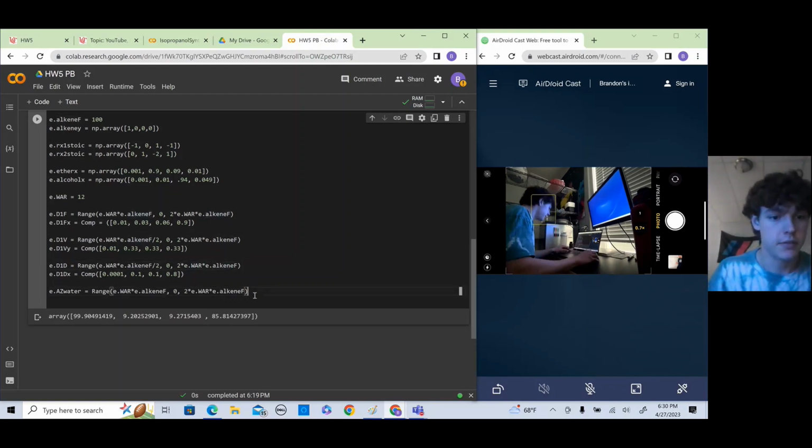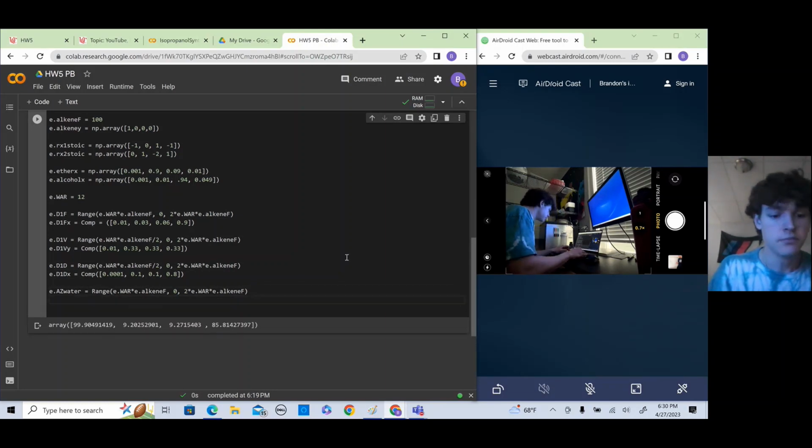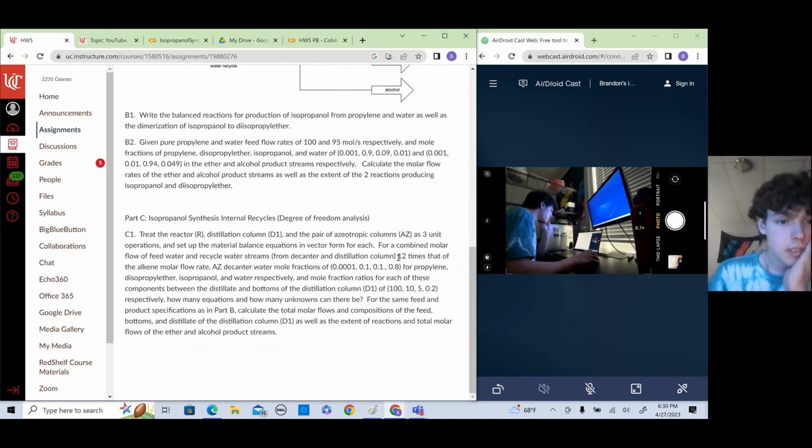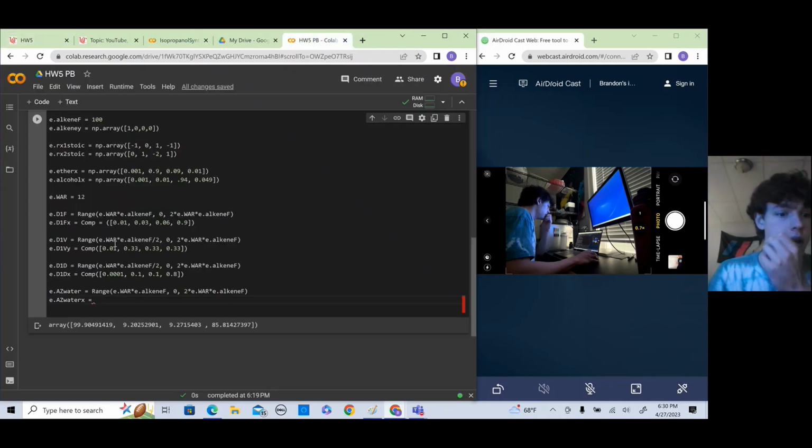That needs to be divided by 2. Our E dot AZ water X, this one, I believe, is the one that we're supposed to define here. So our AZ decanter mole fraction of this one will not be a comp, it will just be defined.